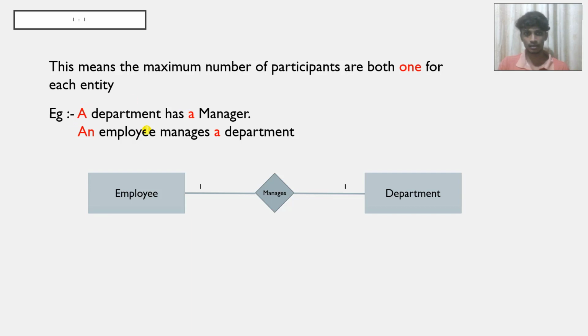I think you have the ability to identify the entities and the corresponding relationship. So the department will be an entity and employee will be another entity. What is the reason I haven't identified manager as an entity? Because manager is itself an employee.